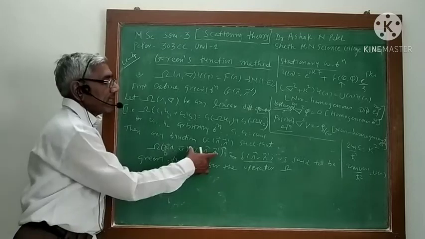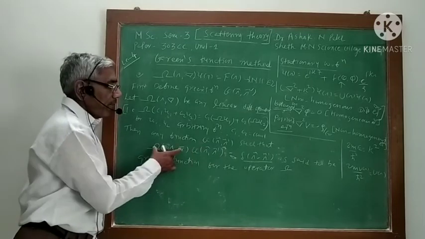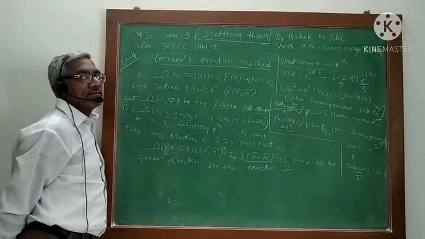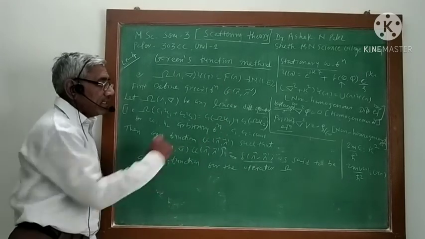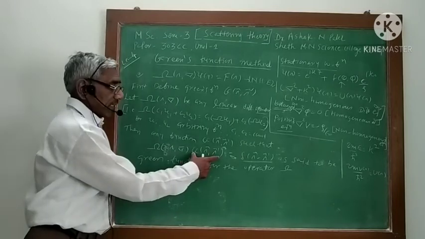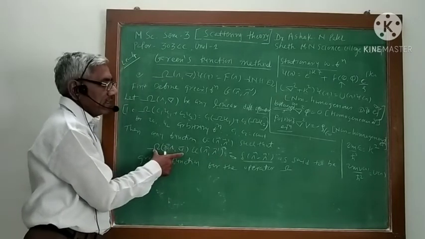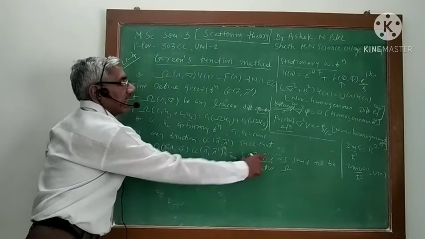If I write some function and operate on it, and it does not give the delta function, then that is not my Green function. This is the condition: any function, when operated on by omega, should give me the Dirac delta function.